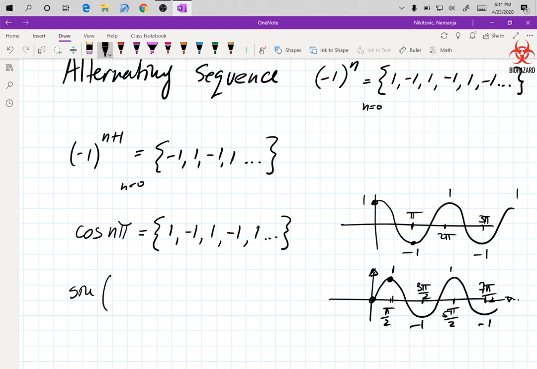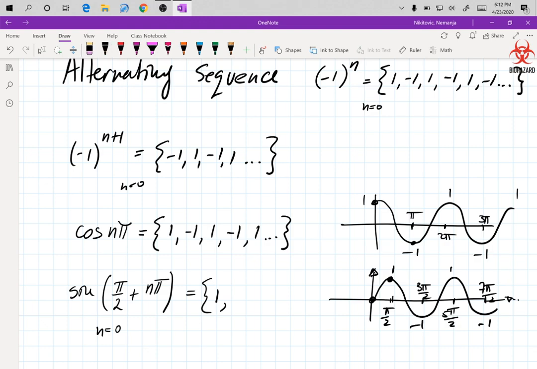Let's fix it. We will start at pi over 2 and add n pi, not n pi over 2, just n pi, and start at 0. If n is 0, then we have pi over 2, and sine of pi over 2 gives us 1. If n is equal to 1, the next value, then we are adding a pi, which creates 3 pi over 2.